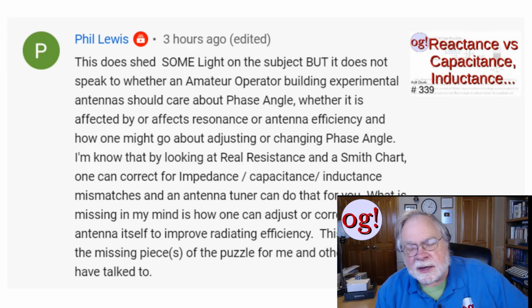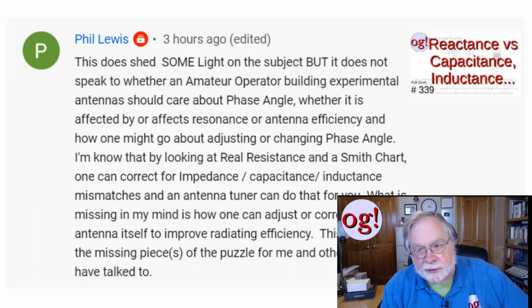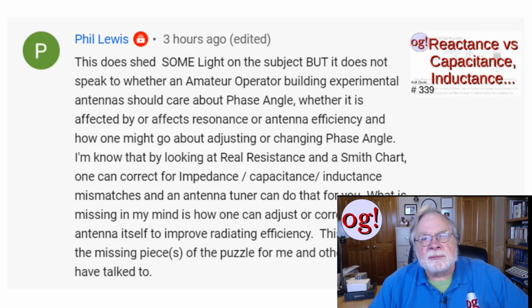Yes, you can adjust the antenna if you want to. Generally, what you would have to do is add capacitance, which will electrically shorten an antenna, or inductance, which will electrically lengthen it. Some commercially available antennas have lumped capacitance and lumped inductance in various places.